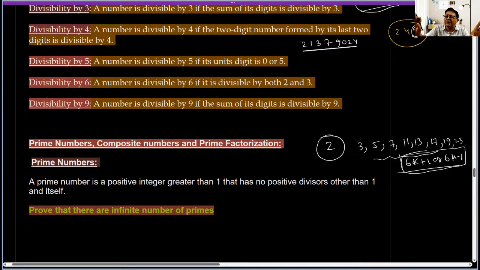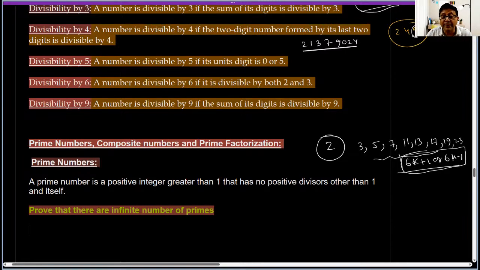In this class only you prove it, there are infinite number of primes. So this series of prime numbers will never stop. It will continue up to infinity. Where it stops, no one knows. But what concept you have got? Divisibility. With just this simple concept, you can prove it. Okay?